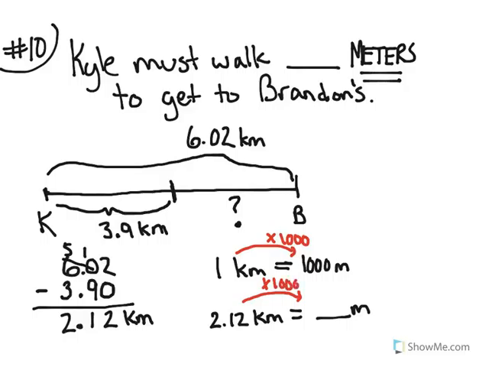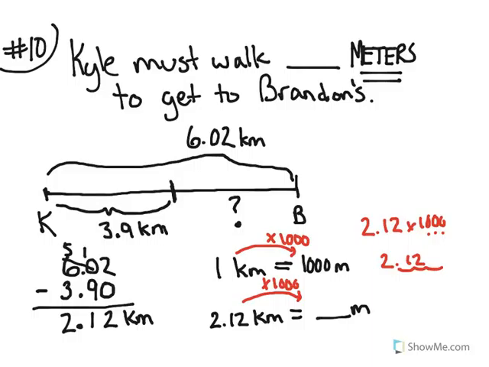Very easy. I have a power of 10. 1,000 is 10 to the 3rd power. So I know that I can take my 2 12/100, and if I multiply it by 1,000, I see 1, 2, 3 zeros. So I need to move my decimal point 3 place values. 1, 2, 3.